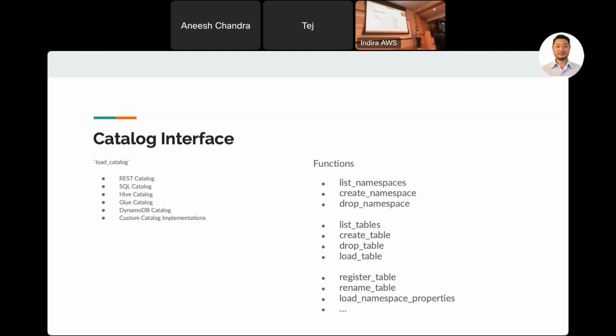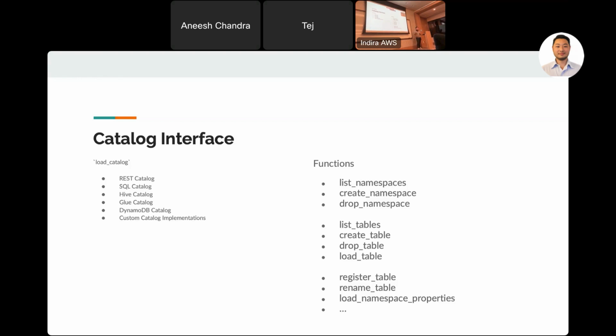So the catalog is one of the important pieces in an Iceberg deployment. There's a catalog interface, which engines use to interact with Iceberg tables, perform commits, all of the nice stuff. Similarly, in the Python world, there's a catalog interface with some functions. These are the functionalities that a catalog represents. There are a couple of different implementations of that interface.